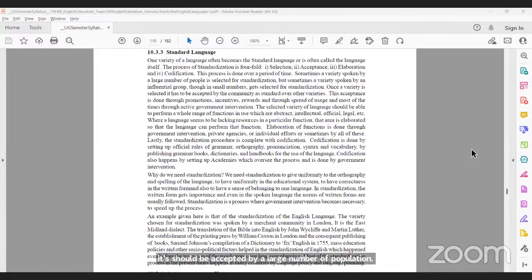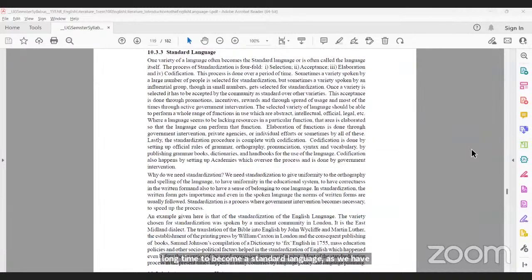When you are declaring a particular language as a standard one, or choosing one language, it should be accepted by a large number of the population of that language's speakers. Now, elaboration and codification: you will try to make certain codes, rules, all these things to make it a standard, to frame it or keep it for a long time, as we have especially the American accent.